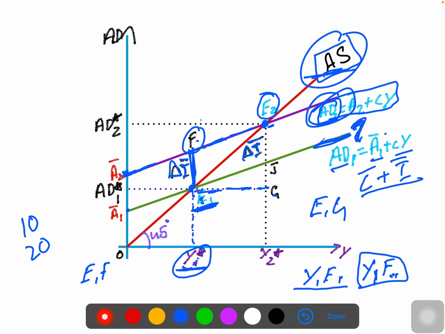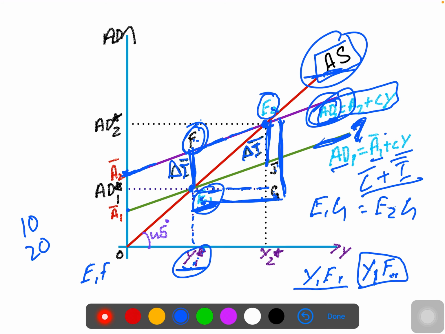If you compare with the before one, E1F, the E1 and the F, and at the same time E2 and J, this is greater. After the investment, E1G and E2G is greater than E1F and E1J.